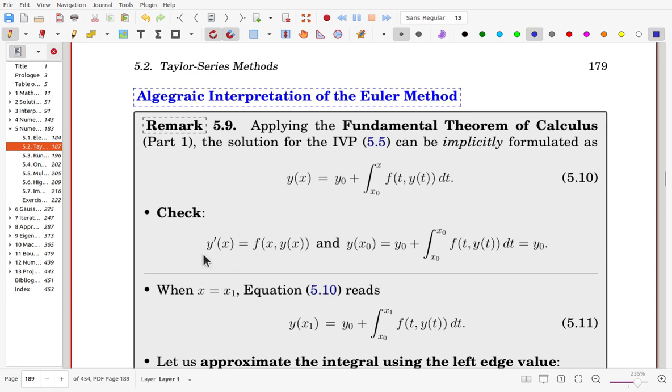So that is the differentiation, and if we plug in x0, the integral from x0 to x0 will disappear, and the value must be y sub 0. So this is the solution.